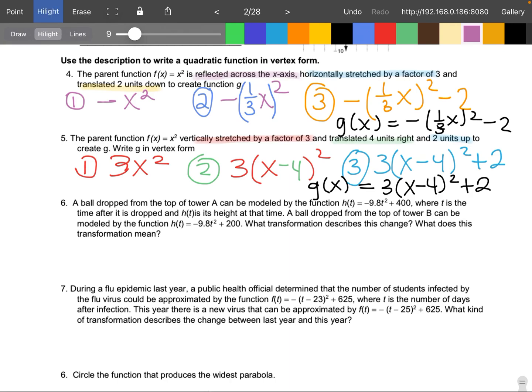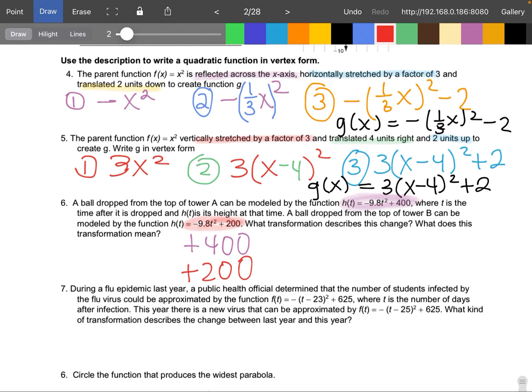Well, that's a lot of words, but just looking at my 2 equations, I have negative 9.8 t squared plus 400 and negative 9.8 t squared plus 200. So the only difference between them is plus 400 in the first one, and the second one is plus 200.